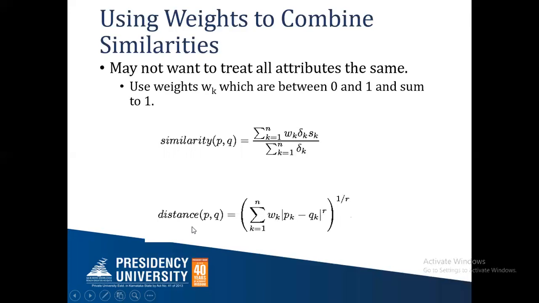So the overall distance between P and Q is given by the summation of k equal to 1 to n, Wk mod Pk minus Qk power r, whole power 1 by r. So Minkowski distance along with the weights. This gives us the overall dissimilarity or the distance between P and Q.